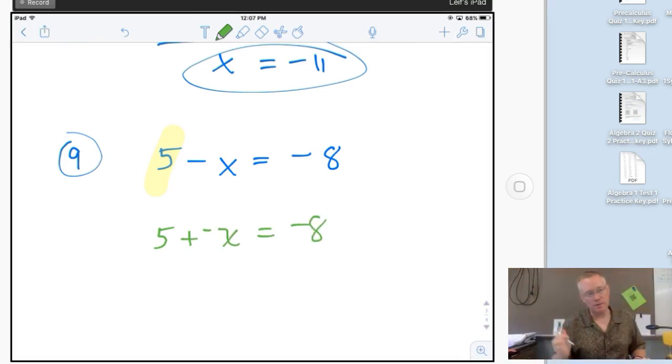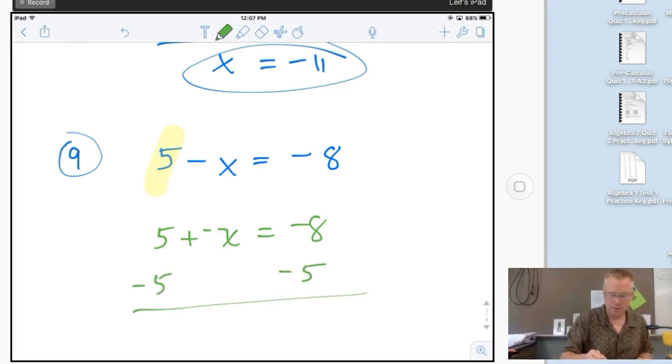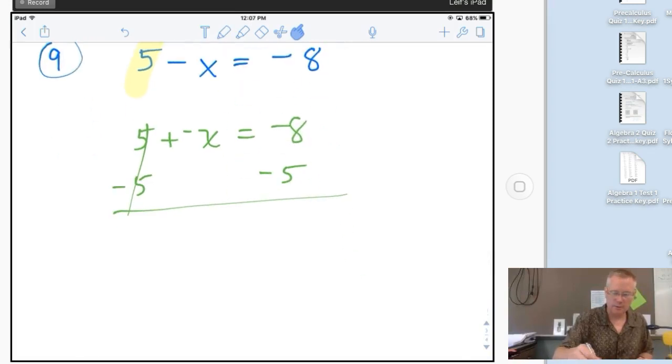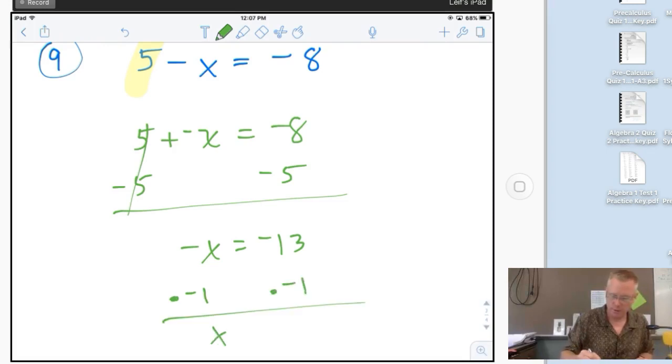Those are the same things. If you do that, fewer mistakes happen. Which means if I subtract 5 from both sides, I get negative x equals negative 13. And now I'm going to multiply by negative 1, or you could divide by negative 1. Either one works. And I get x equals 13.